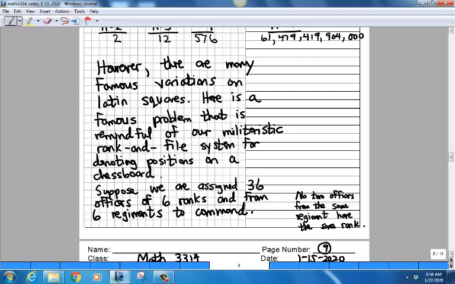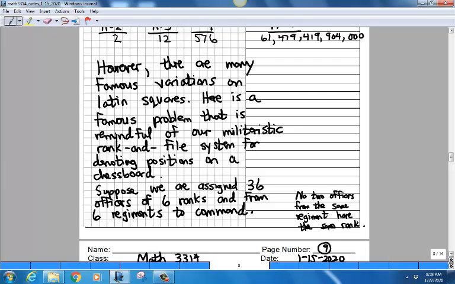So you can put them into a 6x6 drill formation, but can you do it with those extra restrictions? Every rank must be in every row and every column, and similarly, every regiment must be represented in every row and every column. So a completely diverse drill formation.